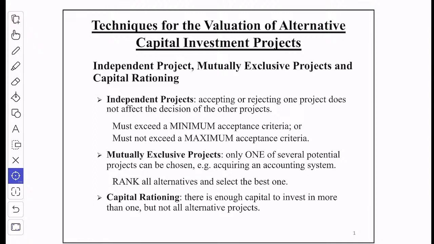And finally, maybe we can fund more than one, but not all potential projects. This is a case of capital rationing. There's enough capital to invest in more than one, but not all alternative projects.